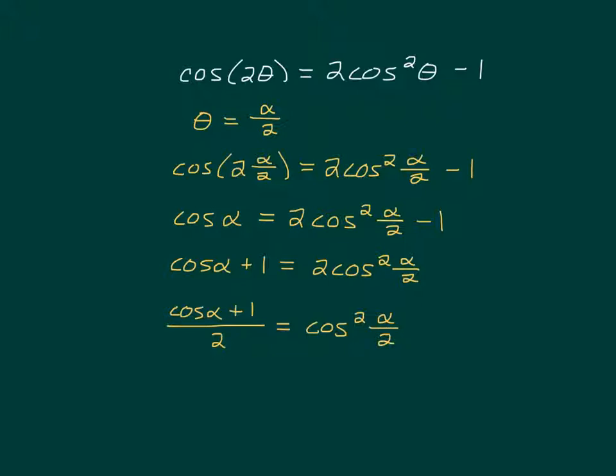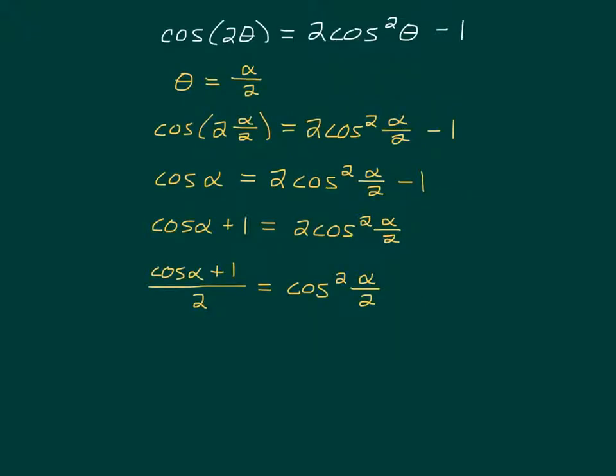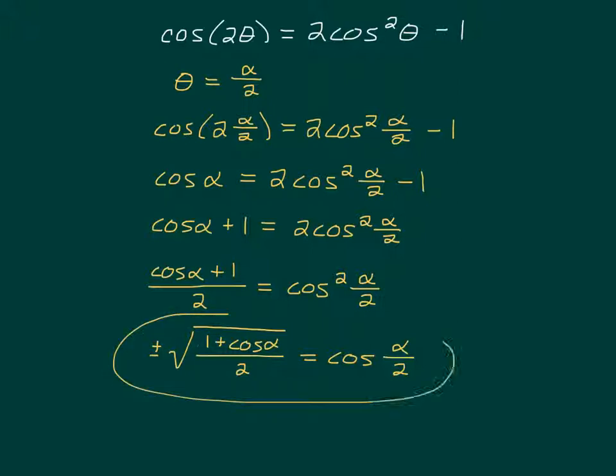Which leaves us with only one more thing to do, which is what? So the last step tells us that plus or minus the square root of, and we are actually going to write it as 1 plus cosine alpha over 2, is cosine of alpha over 2. So this is our half-angle formula for cosine.